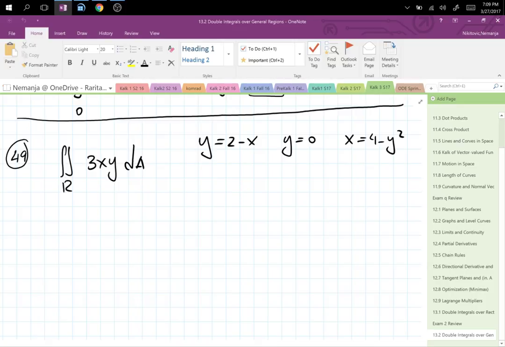Yes, the region is the key to everything. So we are going to take a look at this and see what kind of region we get. So I'll graph the region. You should be able to graph this because it's important.